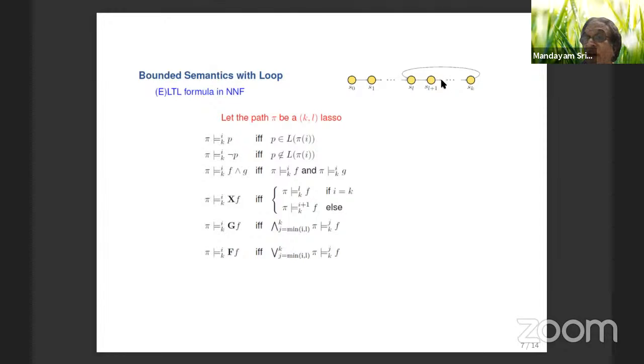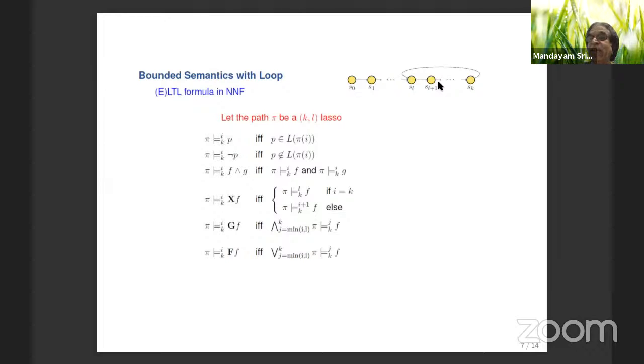Suppose it is somewhere here, l plus 1. For that path starting from there, G of F would be true if F is true all the way from sl plus 1 to sk, and it is true from sl to sl plus 1.